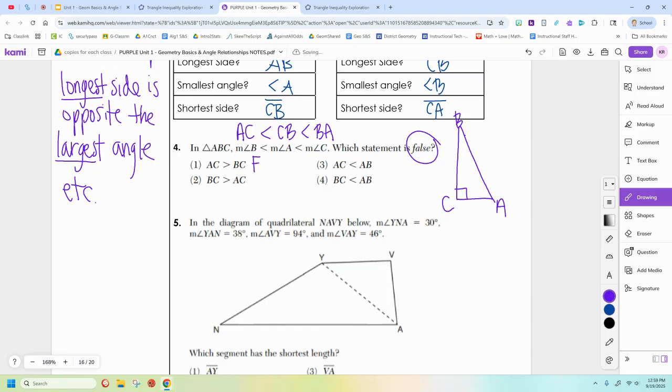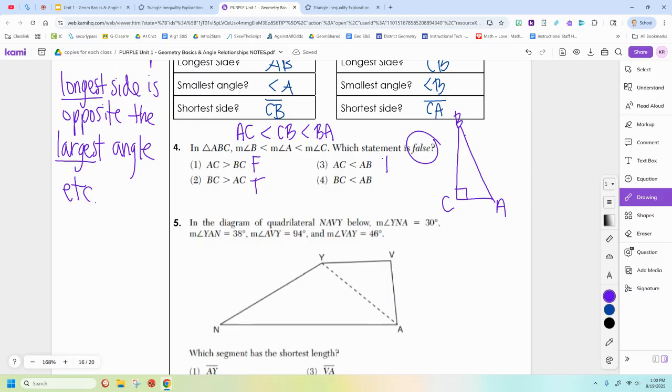And we drew a picture to help us, right? Is BC greater than AC? That should be the true one. Let's check the other 2 to confirm. Is AC less than AB?